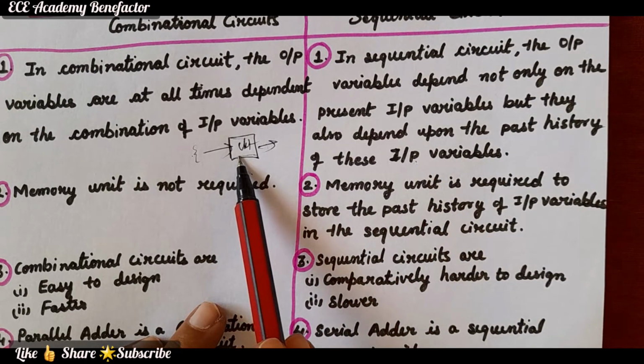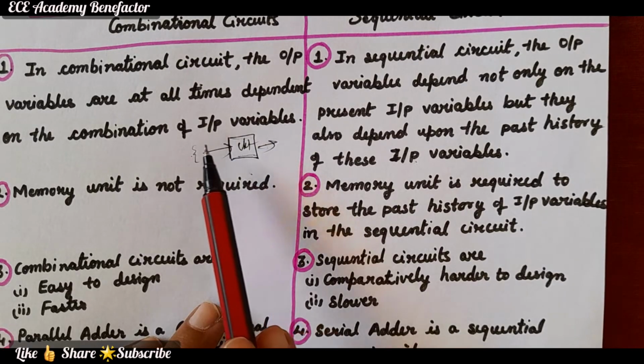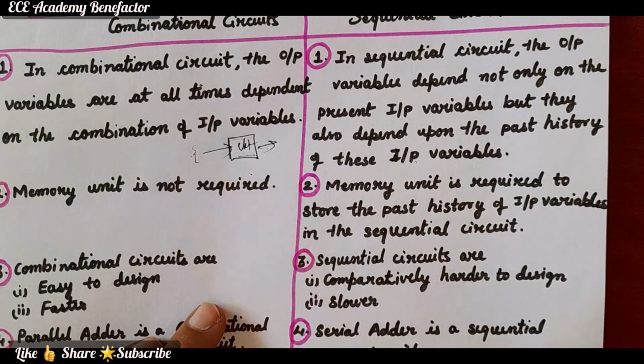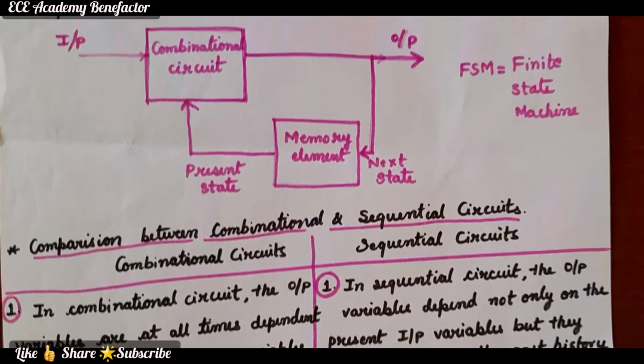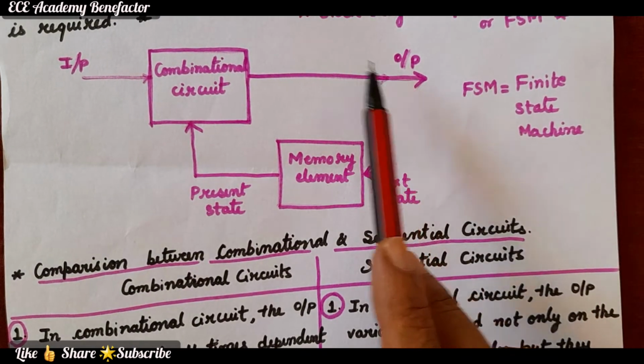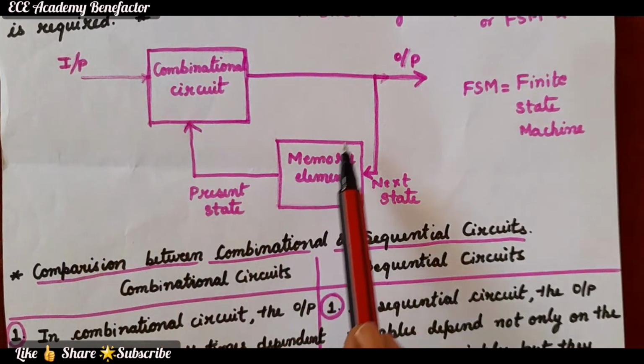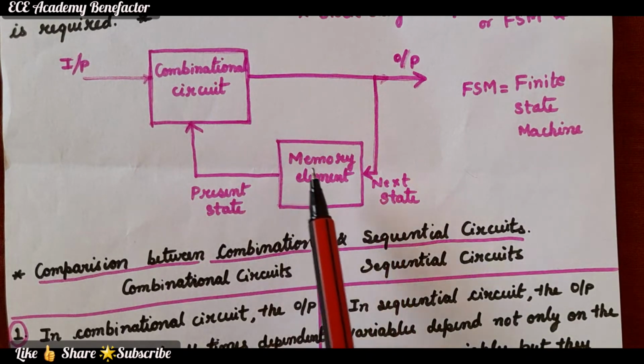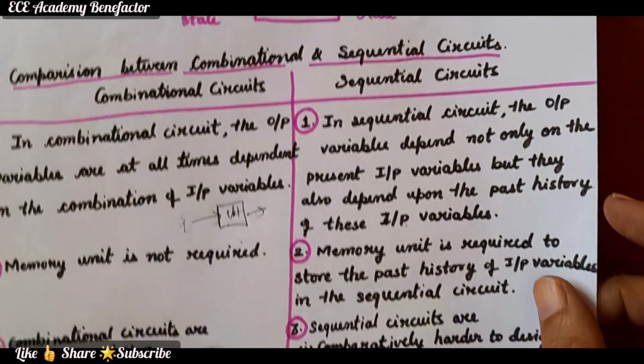So, this is a combinational circuit where the output is dependent on the combination of the input variables, and this one is a sequential circuit where the output is dependent on the present input as well as on the past history of the input variables.